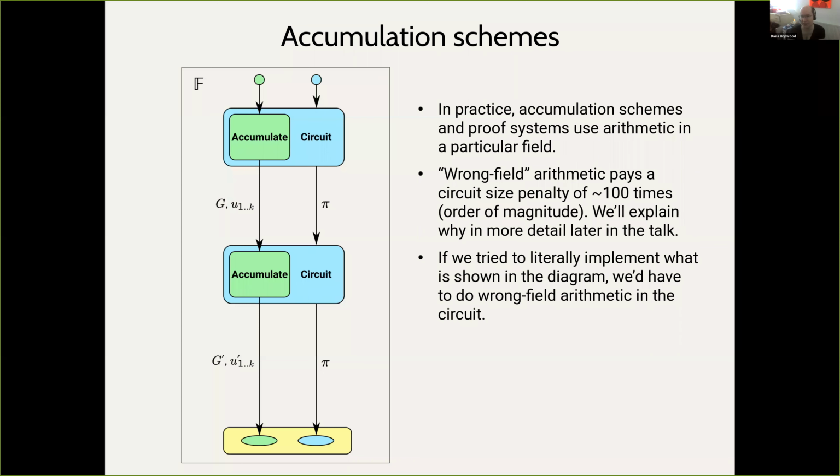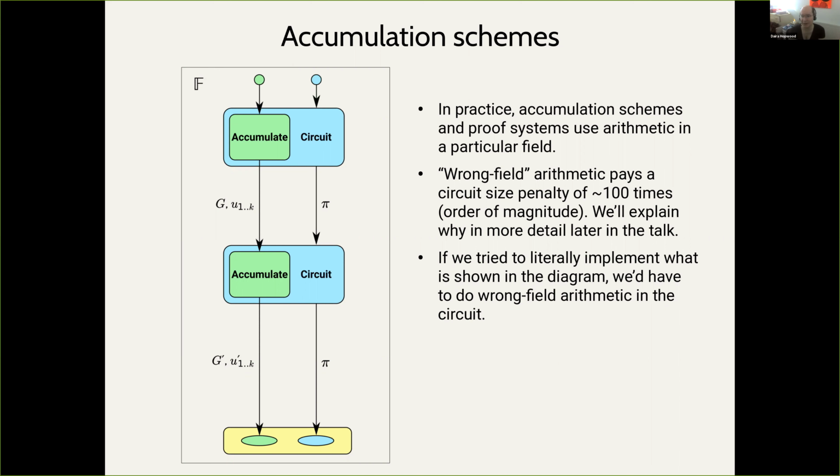So that's the values G and the challenges U. And it also produces some short proof pi that we can check. And then these ovals at the bottom are what you would input to the decider at the end.